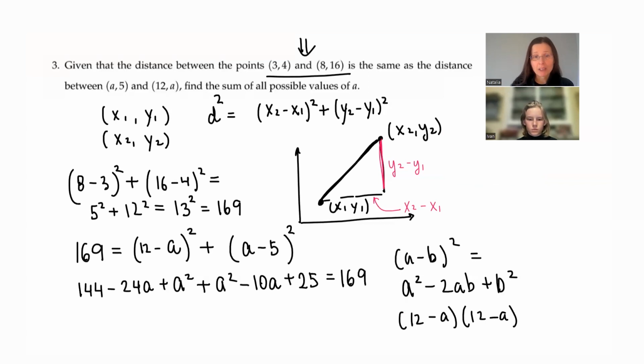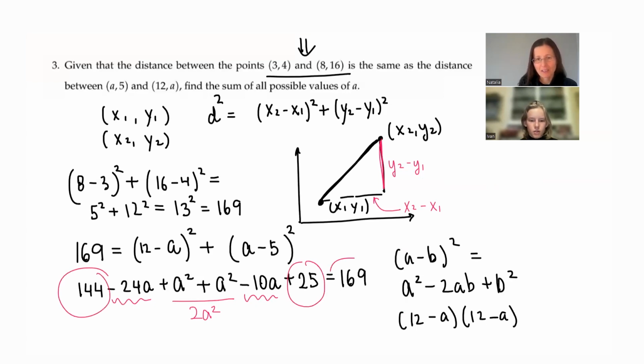Now let's combine like terms and cancel what we can cancel. We can combine both a squared terms, so we'll have 2a squared. We can also combine the a terms, so we get negative 34a. Let's look at the numbers.